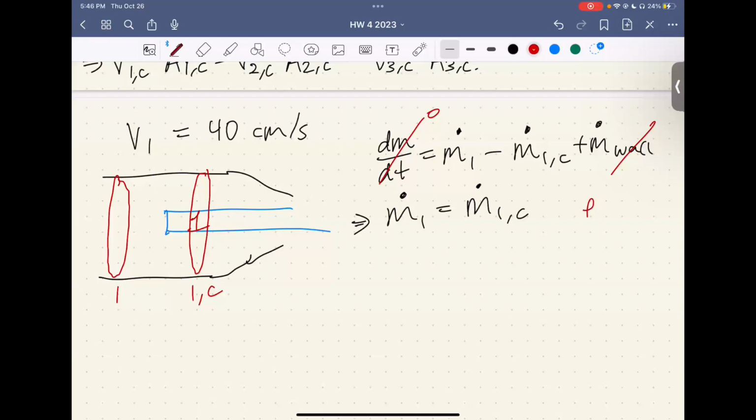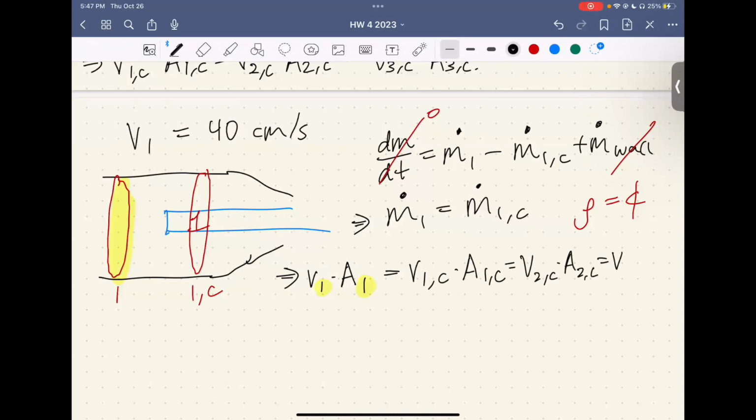And we know this because rho is also a constant, incompressible. That's why we can then write it out in terms of the entire expression, V1 times A1 without the catheter. So notice here, without the catheter, is going to equal V1 with the catheter times A1C, is equal to V2C A2C, is equal to V3C times A3C, right?